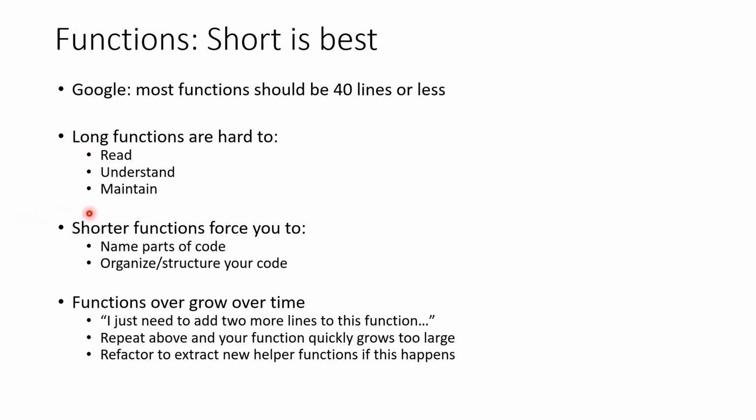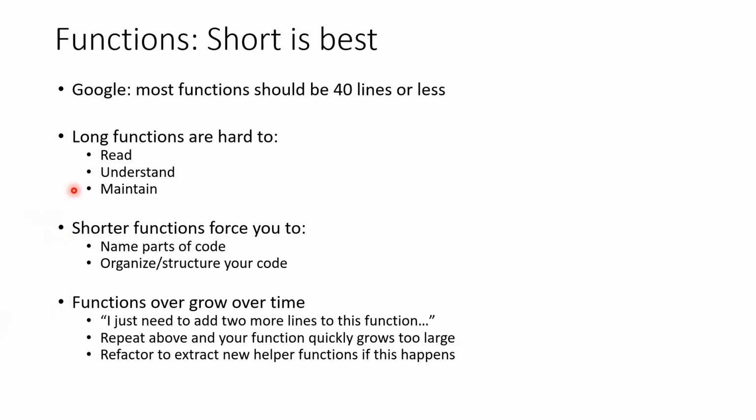Shorter functions force you to name parts of the code by creating helper functions and move parts of code into them and organize and structure your code so that you don't have redundant code that you don't need. And if you have duplicated code, you can also move them into helper functions and call them.